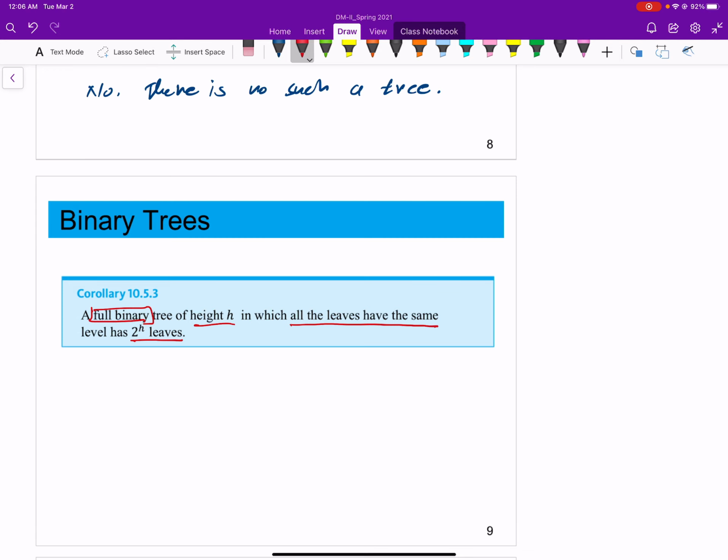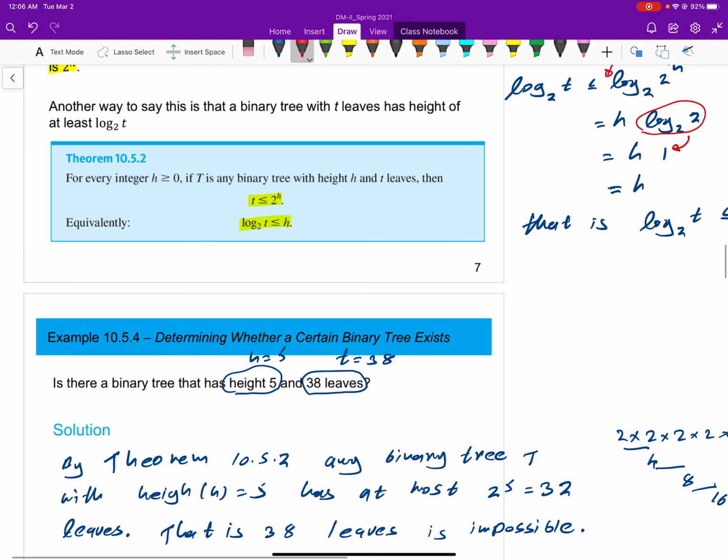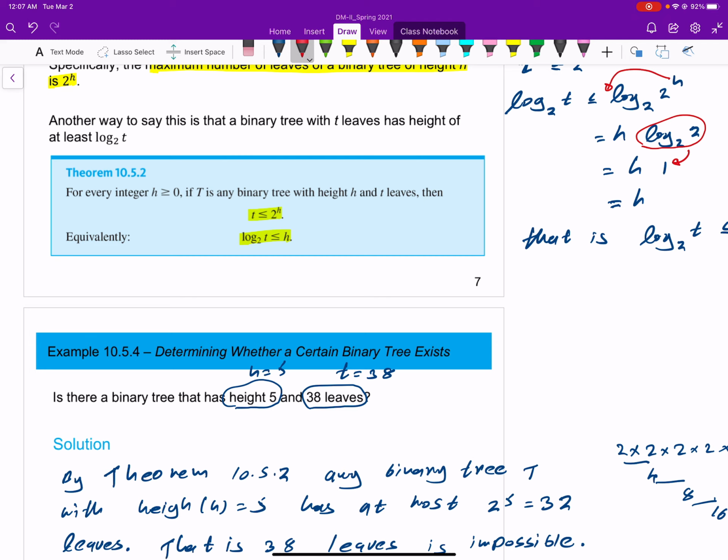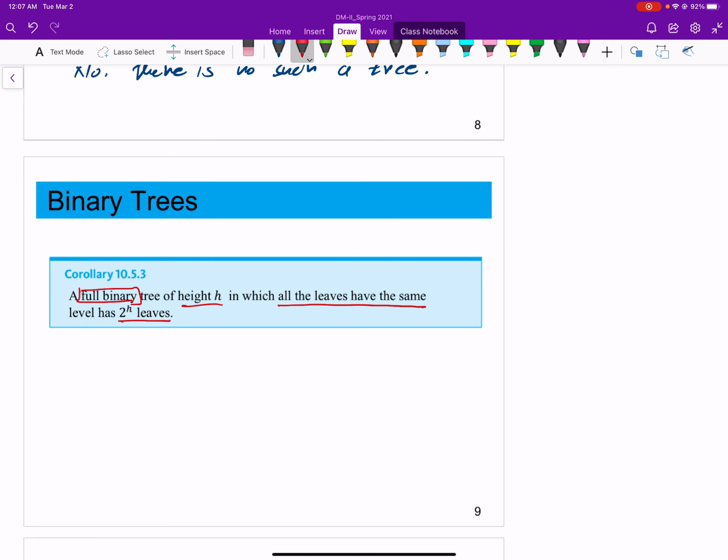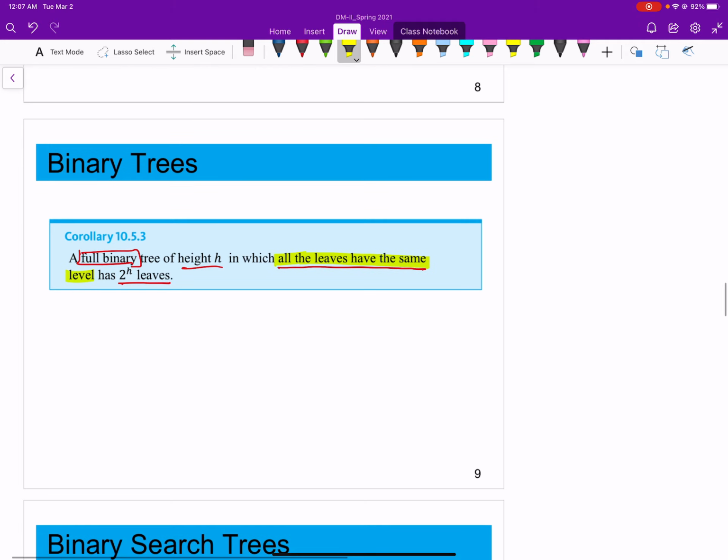In the previous theorem, we said the number of leaves should be less than or equal to 2 to the power h. Now we say the number of leaves equals 2 to the power h. What is different here is that all the leaves should have the same level.